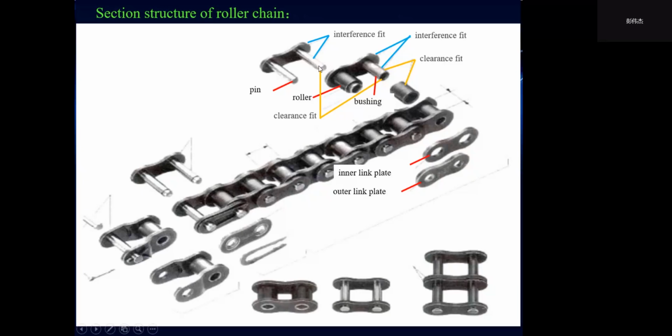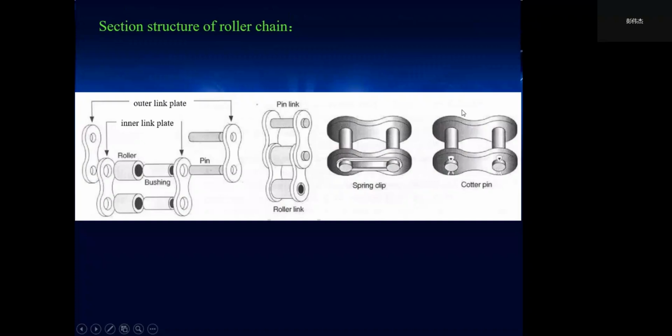The pin and bushing are slip-fitted too, so there is clearance fit between pin and bushing. For example, this is the pin, the bushing, the roller, the inner link plate, the outer link plate.